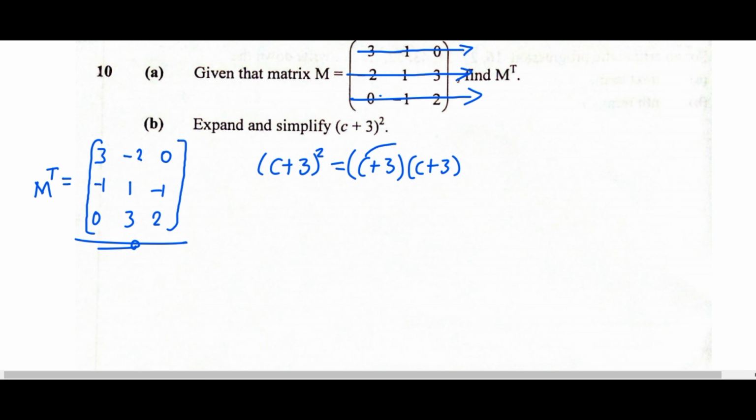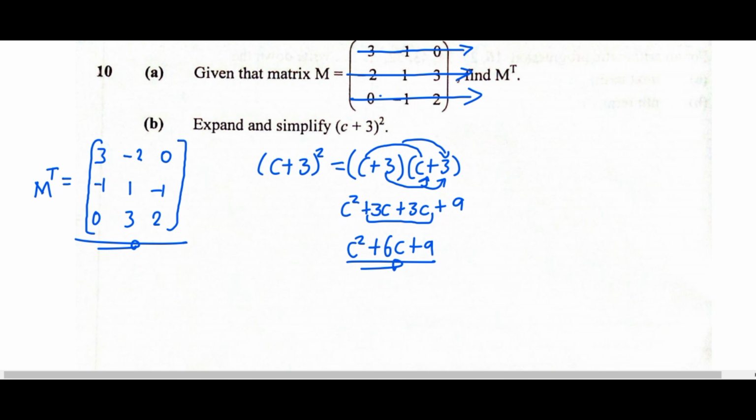So the first one, C will multiply with C, C times C, we have C squared, plus C will multiply with 3, C times 3, which is 3C, plus we go to 3 times C, it is 3C, plus 3 times 3, we get 9. So these two are like terms, so they can be added. So we have C squared plus 6C plus 9. So we have a quadratic expression.